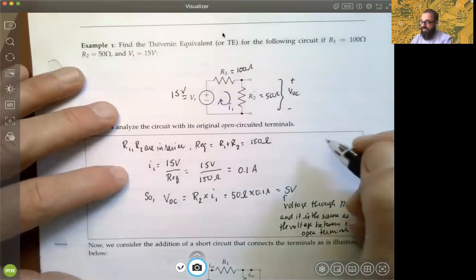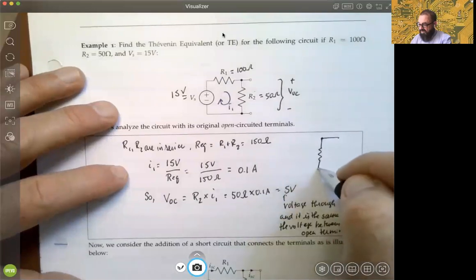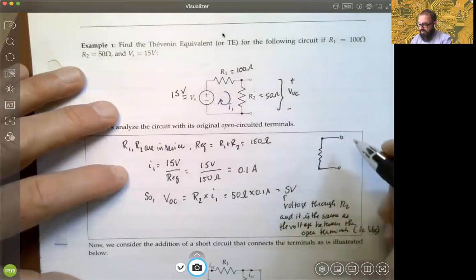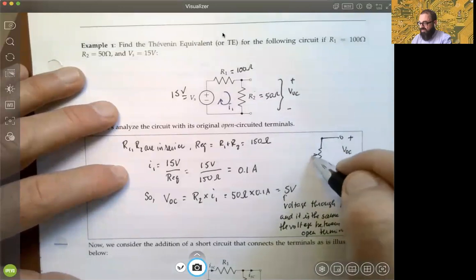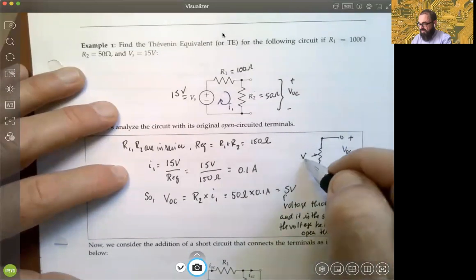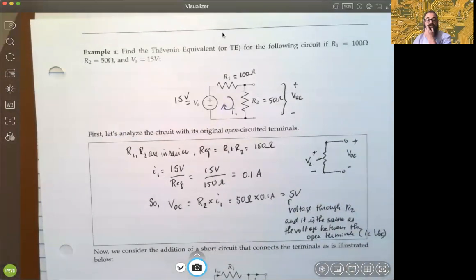So anytime we have this situation, with a resistance and these open terminals, whatever the voltage is here, if we called it V2, plus minus, these two voltages are always the same.